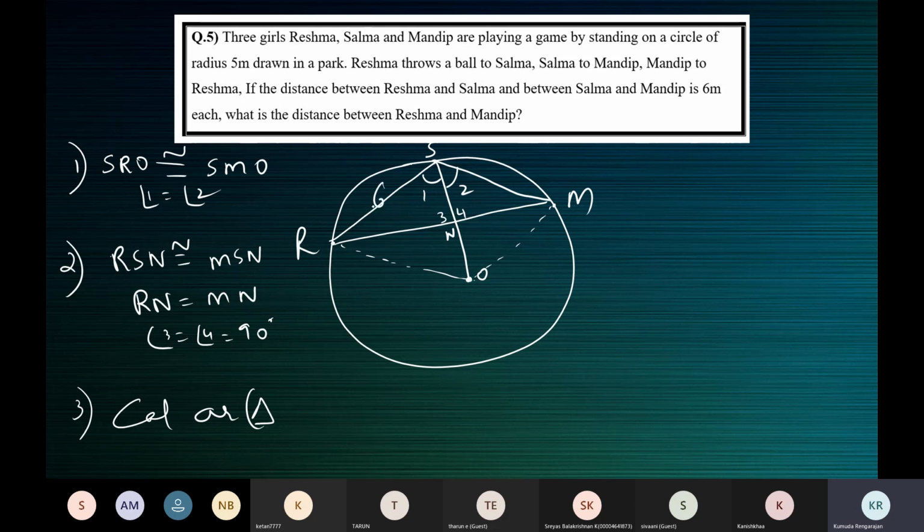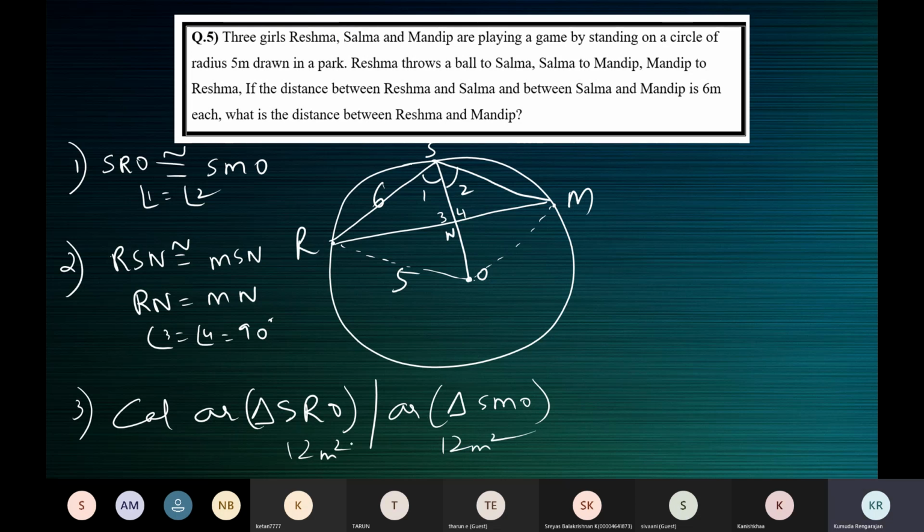Same thing. This is 5 radius and SO is 5. So you can find the area of the triangle SRO or the area of triangle SMO. You'll get 12 meters square in both.